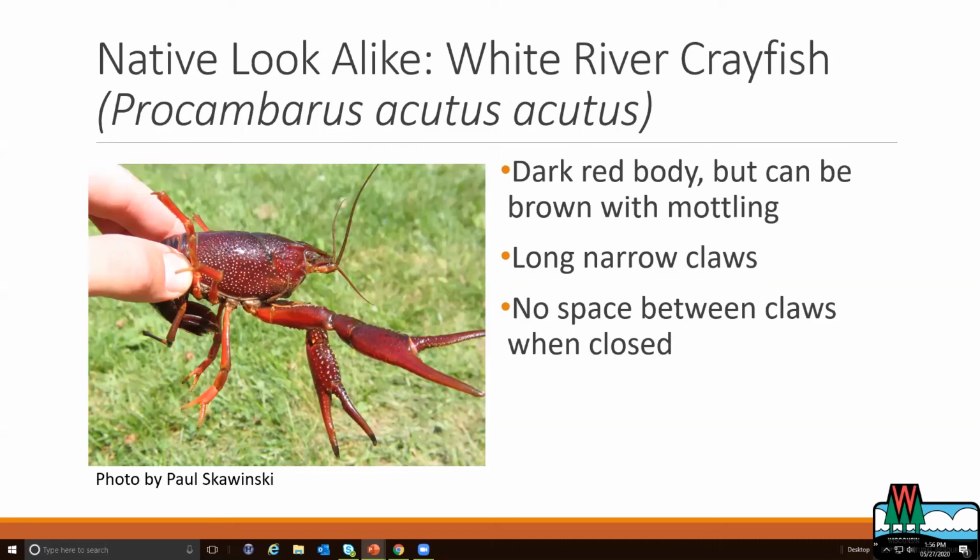They close flush with one another, and the slender features of the claws would be one of your distinguishing factors there. So these two are very commonly confused. But not so much with the rusty crayfish.